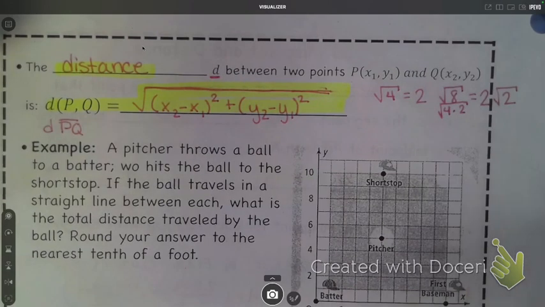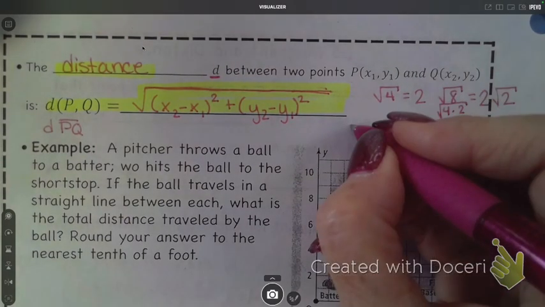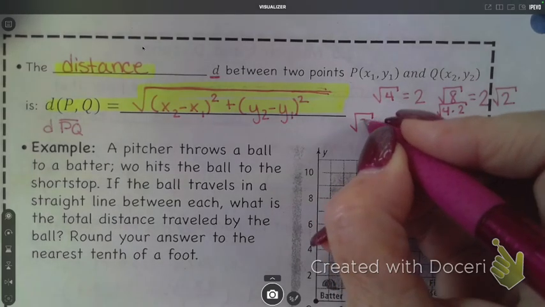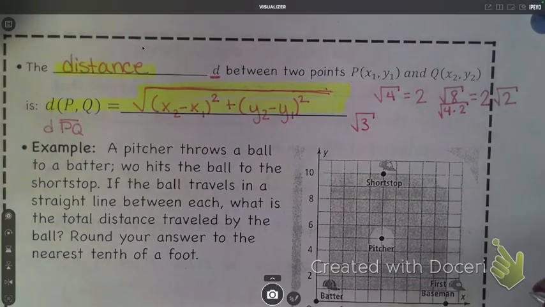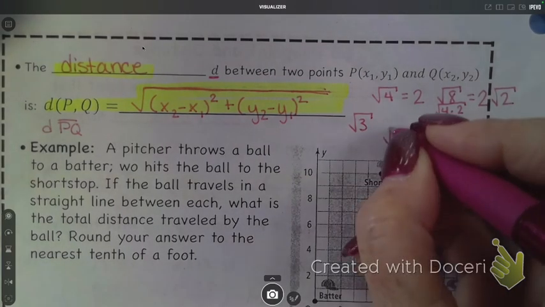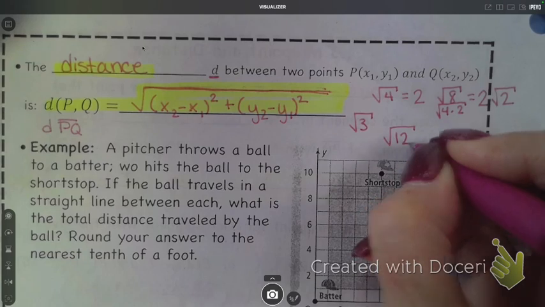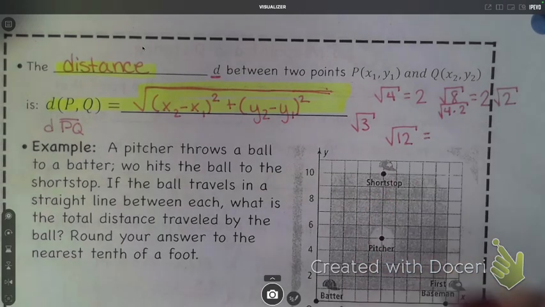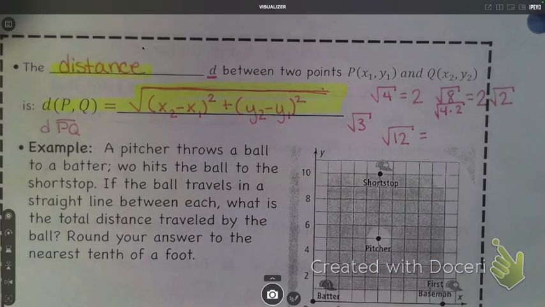You did this last year lots. Okay? Yes, you did. Square root of 3. Does it have one? No. 3 is 1 times 3. There's nothing to break down, is there? Okay? Square root of 12. Think of the perfect squares in there. That's why you should know your squares and cubes.